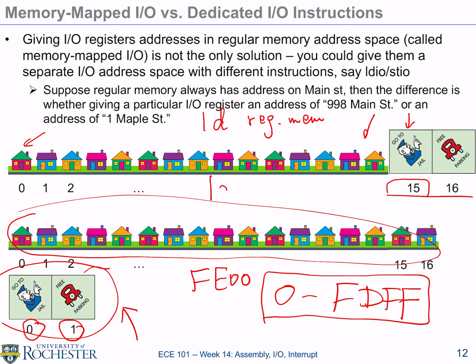If I have an instruction called load IO, for instance, then load IO address 1 means a different place than load from regular memory address 1. In the case of LC3, we just had one address space. Well, not one instruction, there are multiple different loads in the instruction set.